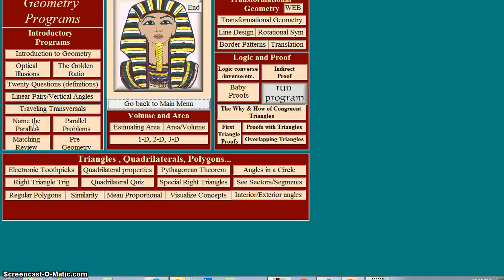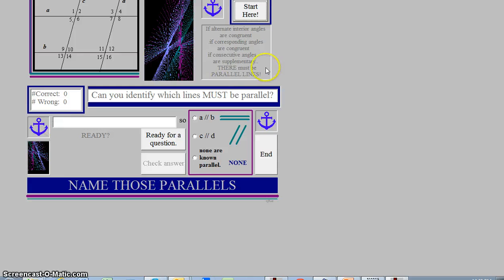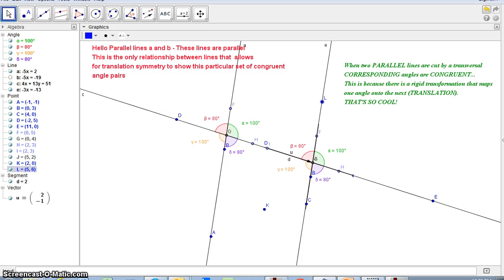And the exercise we're going to do is called Name the Parallels. So please remember what we discovered in GeoGebra, that when two parallel lines are cut by a transversal, corresponding angles are congruent.